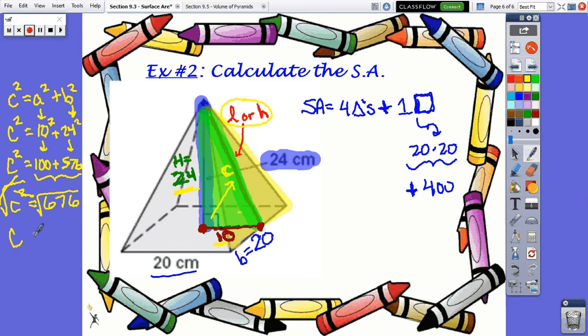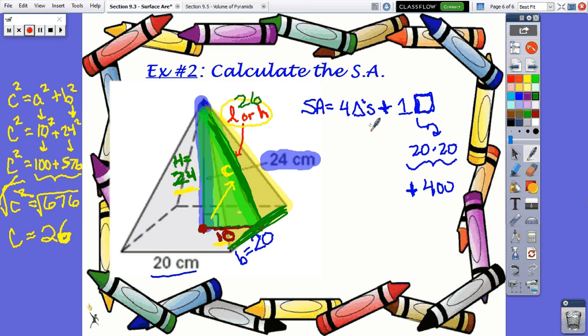The square root of 676 comes out to be exactly 26. No decimals here. So this number is 26. That again is the height of the triangular face that we needed to go with our base of 20 down here to find the area of one of our triangles.